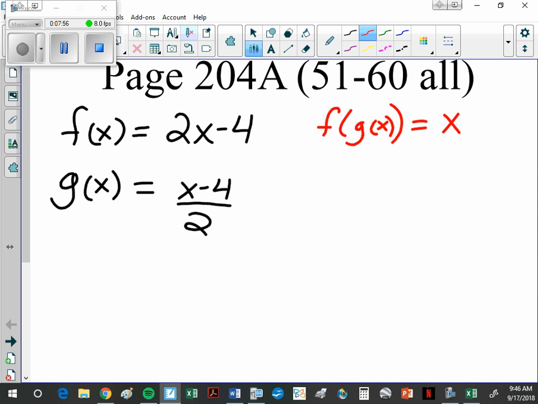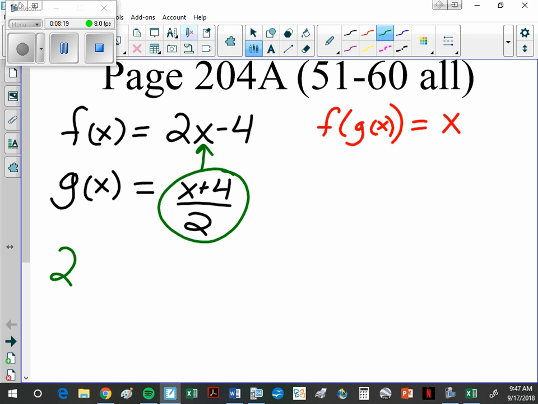But in the next section, it will become a little bit more important. How do I perform f of g of x? What do I do? I take g of x. Oh, this should be a plus 4. Sorry. I take g of x and I stick it into the x for f of x. I'm going to put it right there.